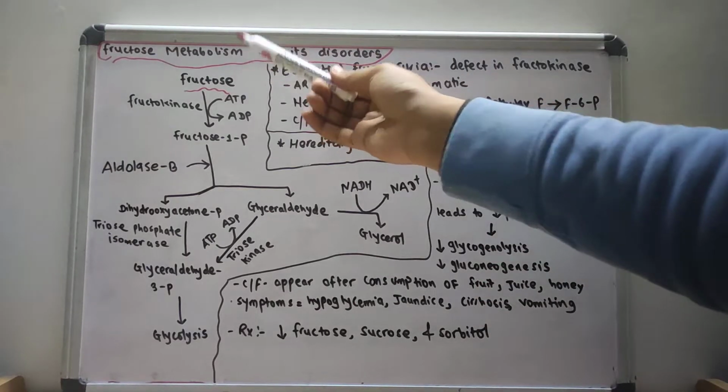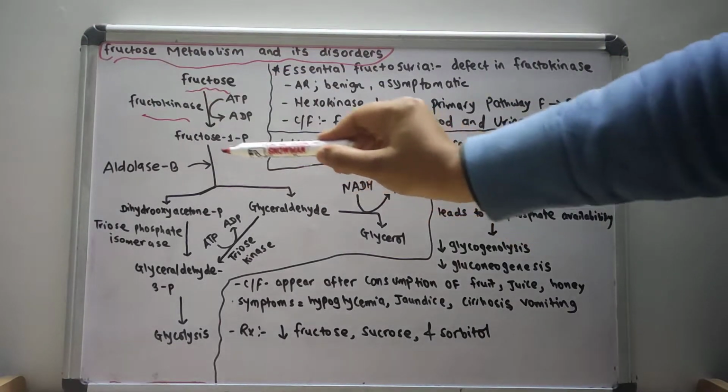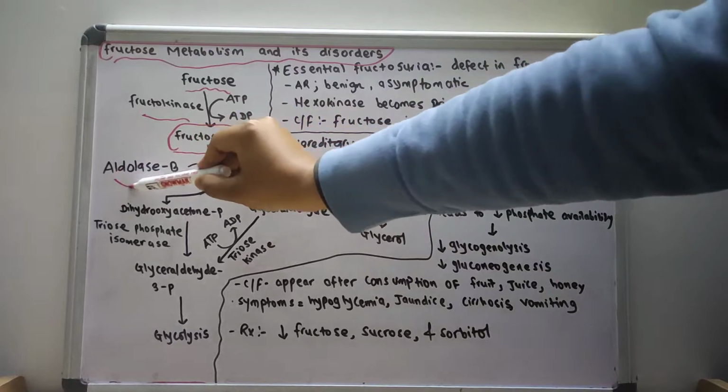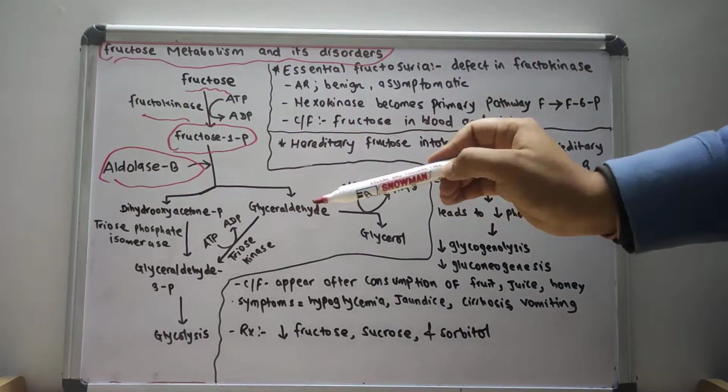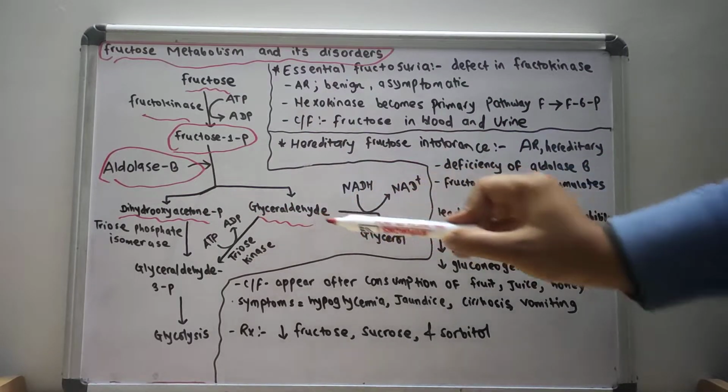As you know, fructose is a carbohydrate, and with the help of the enzyme fructokinase it is converted into fructose 1 phosphate, and with the help of the enzyme aldolase B it is converted into dihydroxyacetone phosphate and glyceraldehyde.